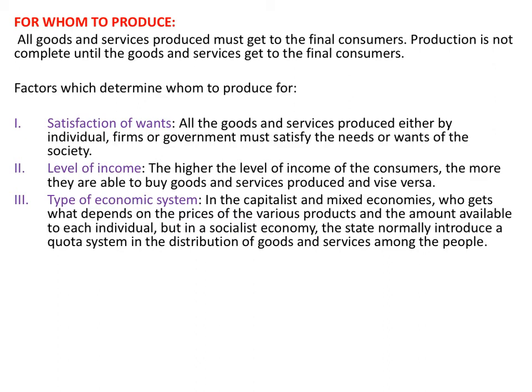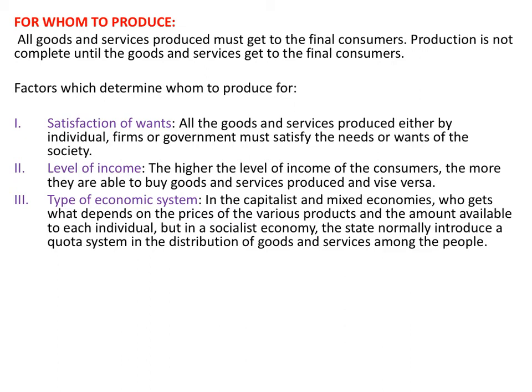Another factor that will determine for whom to produce is the type of economic system. In our next lecture, we'll be looking fully at the different types of economic system. But here, just know that in the capitalist and mixed economies, who gets what depends on the prices of the various products and the amounts available to each individual.